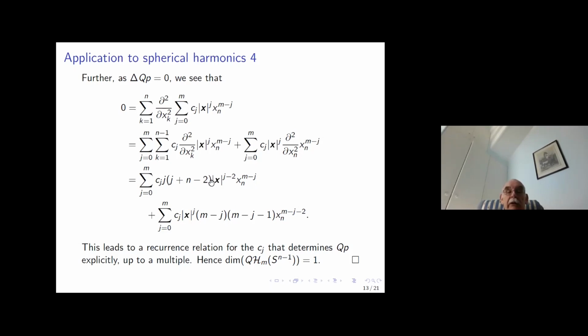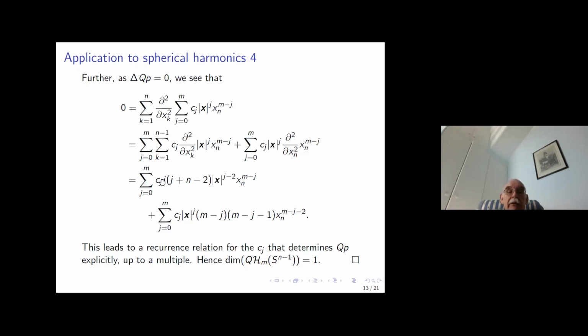And then I could put these two things together, and I would end up getting a single sum that has to be 0. And a single sum of this form that's 0 means that all of the single pieces in it have to be 0.